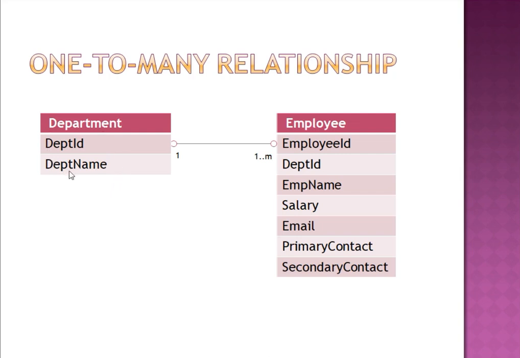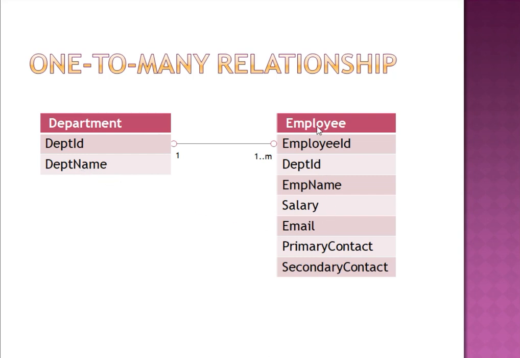Whenever you are going to create a department, a department will have multiple employees. Whenever you create a department record, an employee record is not necessary to exist in your table, right? But whenever you create an employee record in your database, there should be a department record that exists for that particular employee.